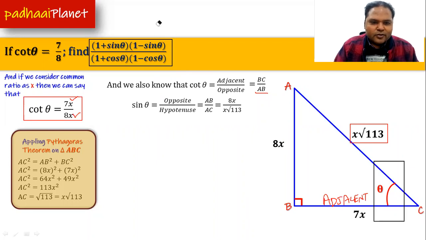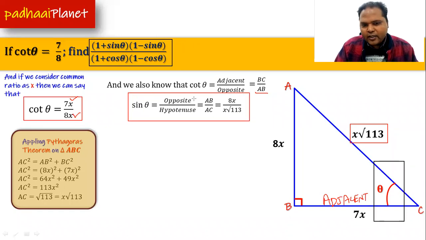Opposite is the side opposite to angle theta, so opposite is AB. The value of AB we already know is 8x, and the value of AC is x root 113, so we can put that here.